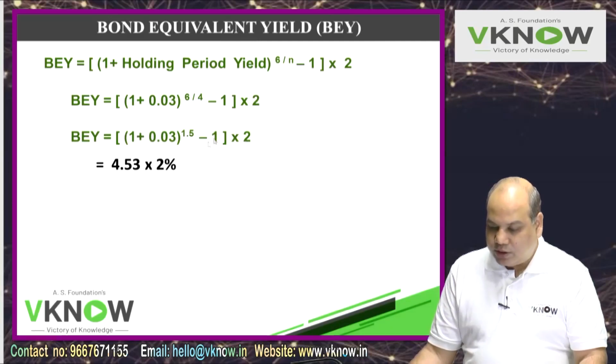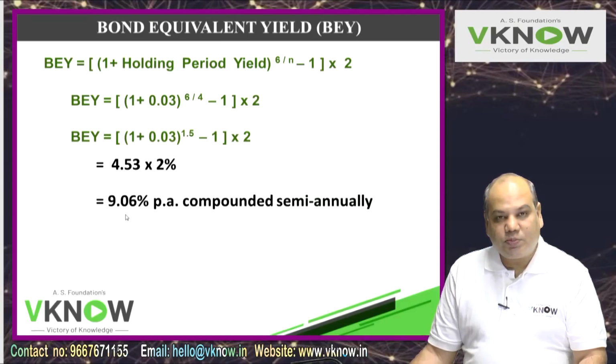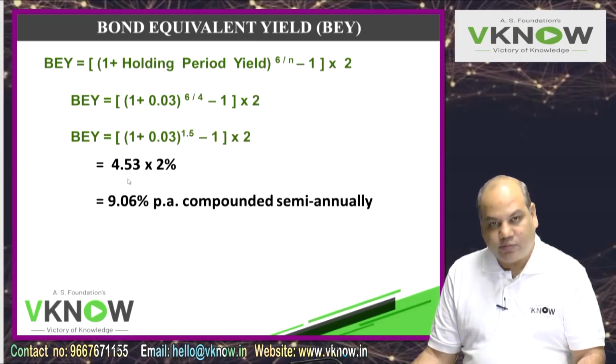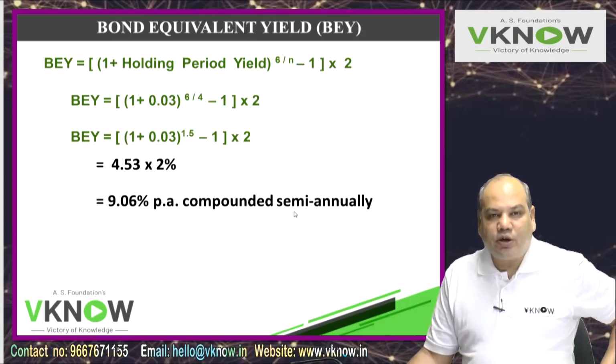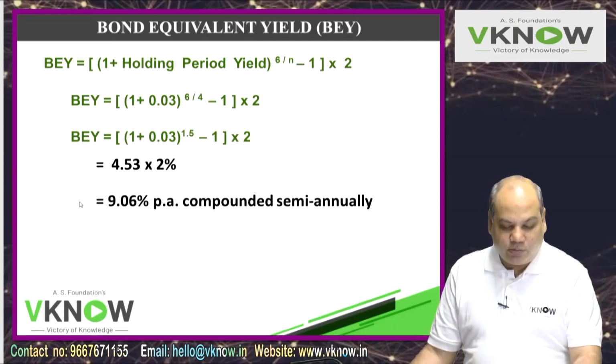So whatever is inside the bracket, the value of this is 4.53. So it comes to 9.06% per annum, but this time you will write compounded semi-annually, because we have first computed for 6 months, then multiplied by 2. So it will be written as compounded semi-annually.